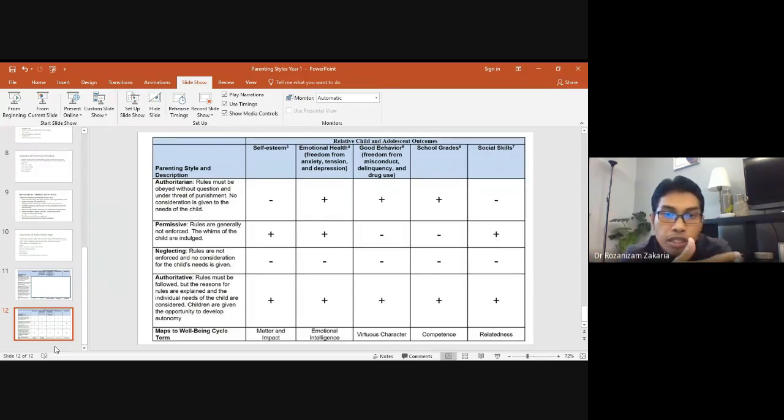Then you can begin with the different types of parenting style and what defines each type, their characteristics, and then the outcomes, where you can give examples of these domains. Once you have some idea, you can give examples to make the answer richer or deeper.